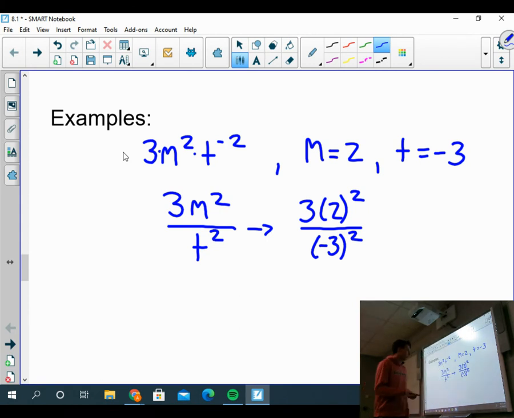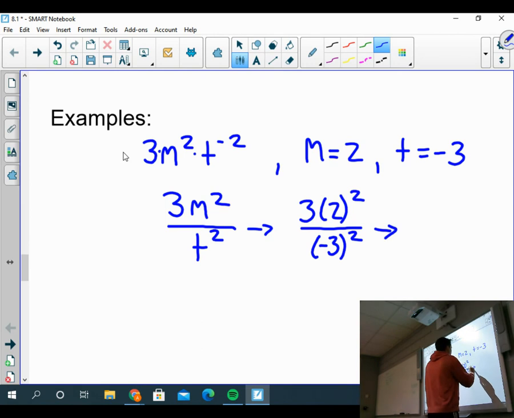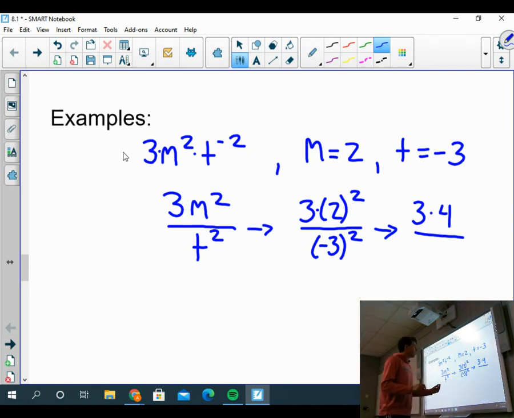So to be safe, if that doesn't make a ton of sense to you, always plug your numbers in when you're evaluating with parentheses. Now remember, before we ever multiply here, right, we have 3 being multiplied by the 2 squared on the top. Before we ever multiply, remember, according to our order of operations, exponents come first. So I do 2 squared, which is 2 times 2, which is 4. And -3 squared, which is -3 times -3, will be positive 9.